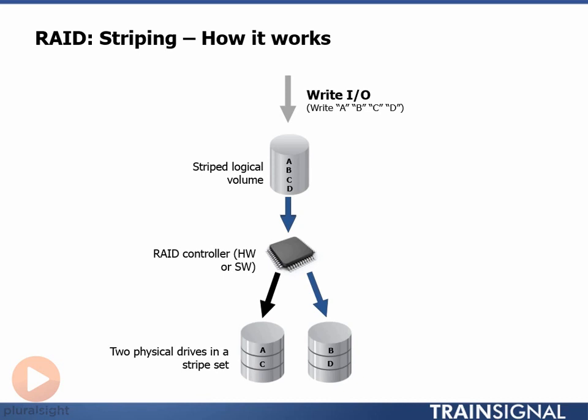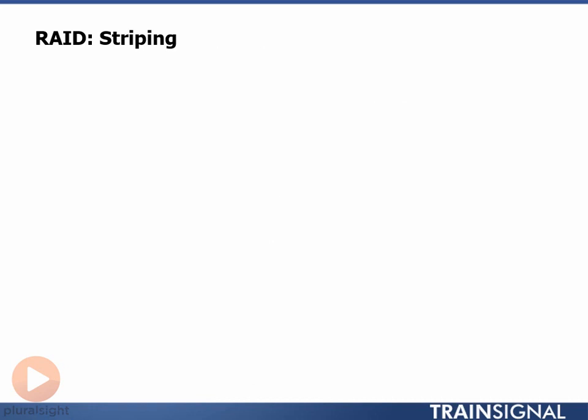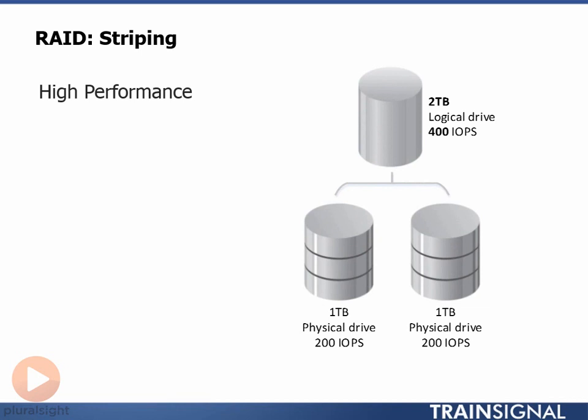The theory should be clear, but what's the impact again on the all-important performance and fault tolerance? Let's cover off performance first. Striping, as we've seen, distributes incoming writes across all of our drives on the back end, effectively aggregating the performance of all of those drives.